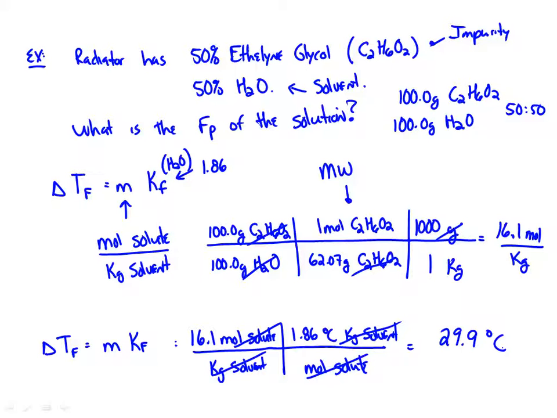So what that means is that a 50-50 solution of ethylene glycol has a freezing point that's basically 30 degrees lower than that of pure water. So it's the unit for the 1.86 degrees Celsius per kilogram solvent per mole solute.